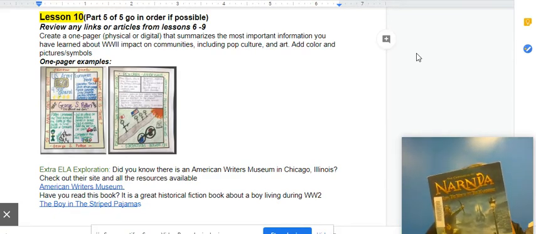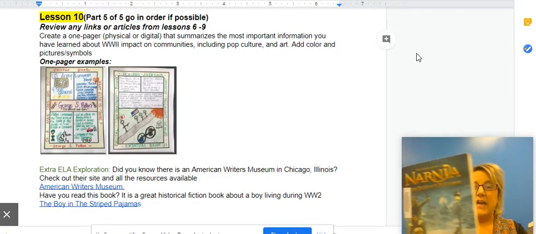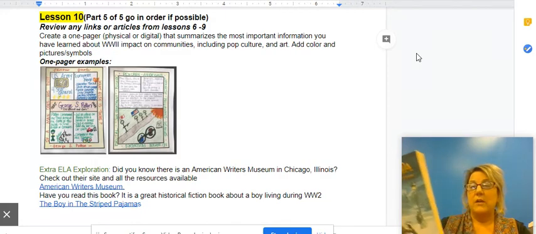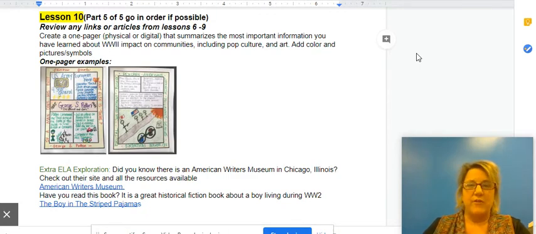It's the first in a series, and it is about children that were taken to the countryside during World War II. They were taken from their parents just so they would be safe. I'm sure you've heard of that series. It's a really good book, and you'll find the link on one of these lessons to a public read along.